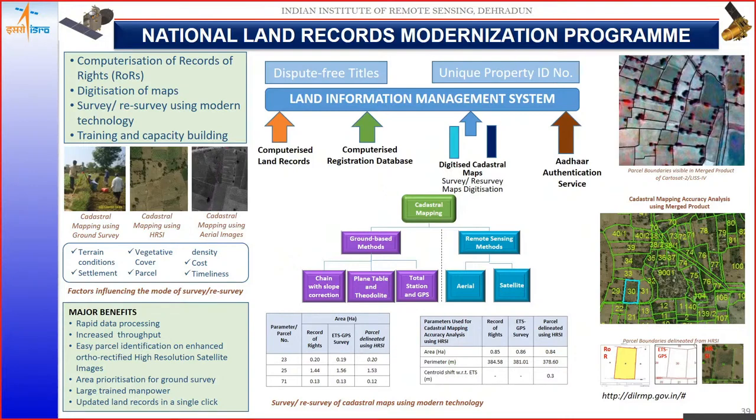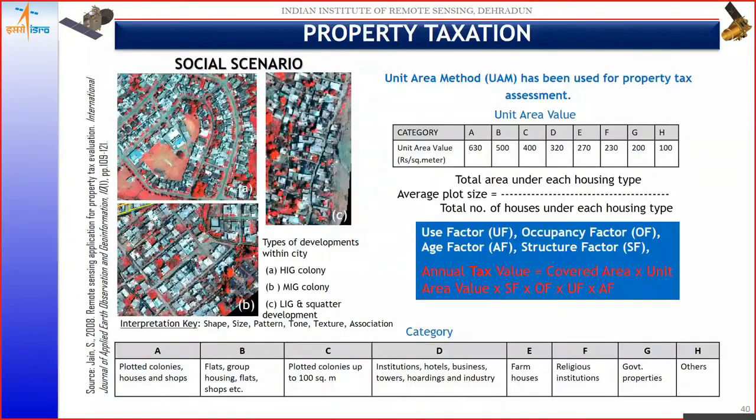That's how various trade-off mechanisms have to be built into such a digitalization process. Once you have done this kind of map generation, the urban local bodies are also trying to capture urban specific details, using either the rental value method, the capital value method, or an advanced method like the unit area method, which depends on use factor, occupancy factor, age factor, or structural factor.